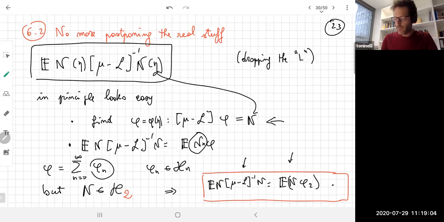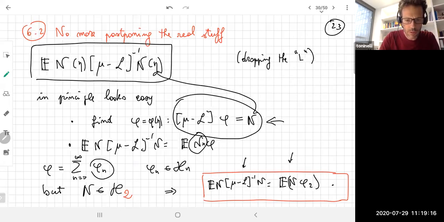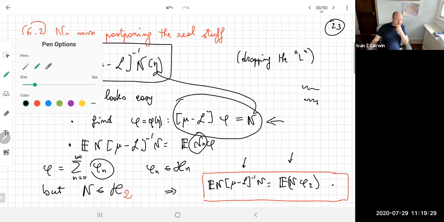Of course, what makes things complicated is that when you write down this equation, it's actually an infinite set of equations, one on each, if you project on every chaos of order n. So let me see, there is a question here. Marker, which marker? Okay, so I will try, I guess, to distinguish from what's already written.